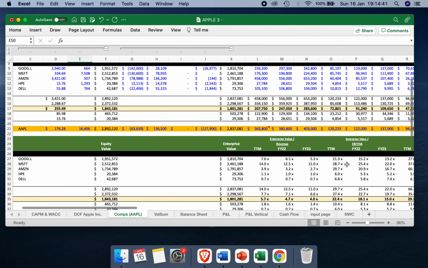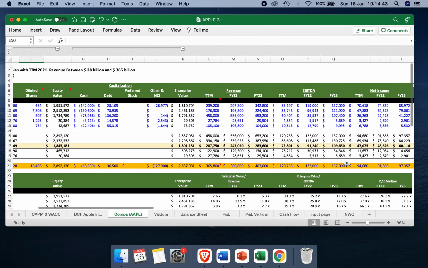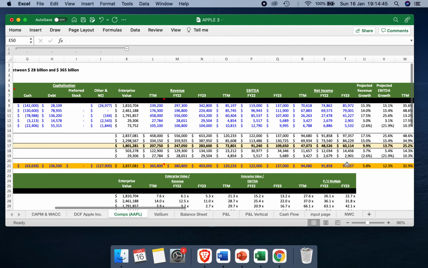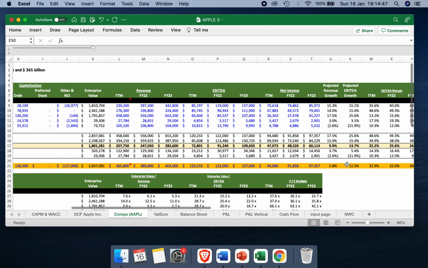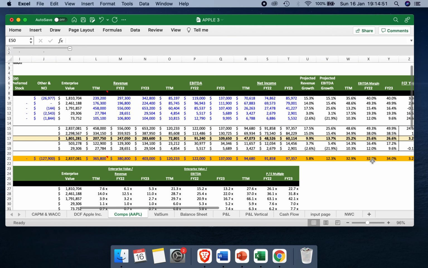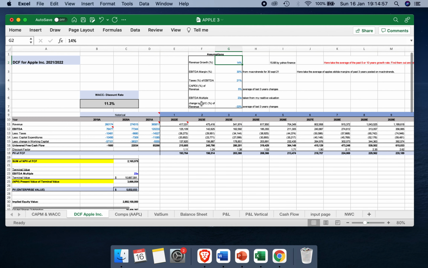I have an EBITDA margin of, where is it? There we go, 32% here. So it is quite similar. I have just taken a little bit lower, which is 30%.